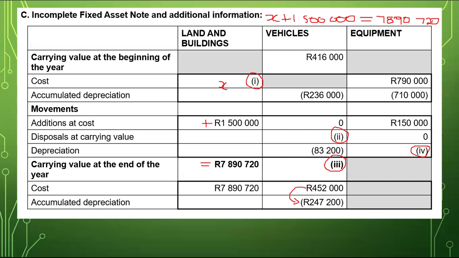Which method am I talking about? It is cost minus accumulated depreciation. I can't use that because I don't have accumulated depreciation, and they didn't give me enough information to calculate it. Yes, they gave me the depreciation rate, but they were supposed to tell me at least when this asset was purchased.